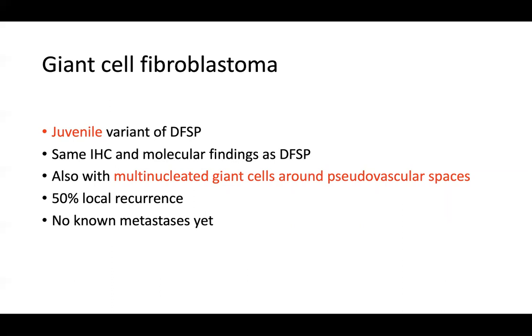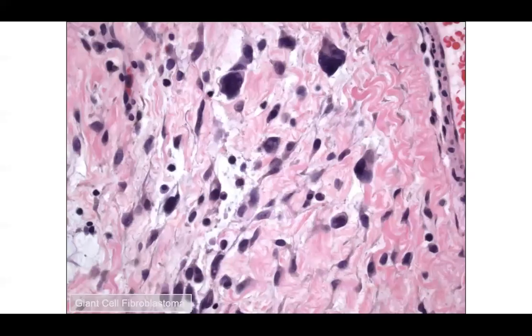But usually if it's in a juvenile patient, then it's just the variant of DFSP, giant cell fibroblastoma. You can find multinucleated giant cells around pseudovascular spaces. Unfortunately, there's a pretty high recurrence rate locally of 50%. And at the time that this lecture was made, there were no metastases. However, there could be some new reports out there.